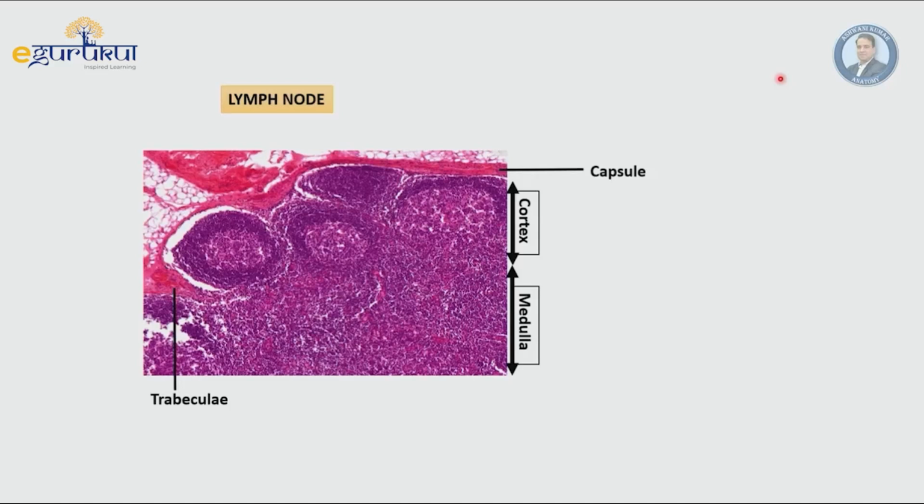Deep to the capsule, and even deep to the trabeculae, we have a sinus called the subcapsular sinus, which is also called the subtrabecular sinus. So we have a subcapsular and subtrabecular sinus seen deep to the capsule and also deep to the trabeculae.